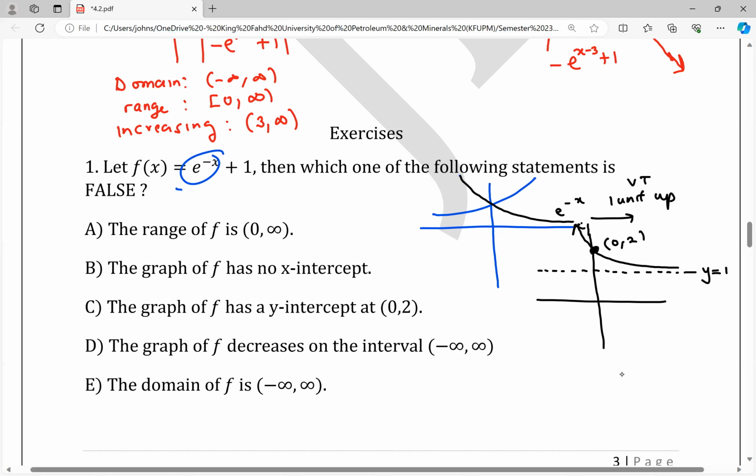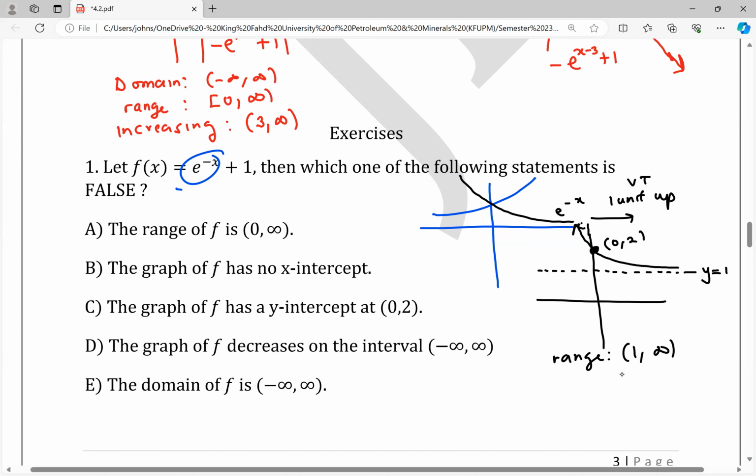Okay. So let's see from here which one is true. What is the range? The range is from 0 to infinity. Is that true? Definitely not. Because you can see our range is supposed to be from 1 to infinity. Now, the graph of f has no x-intercept, right?